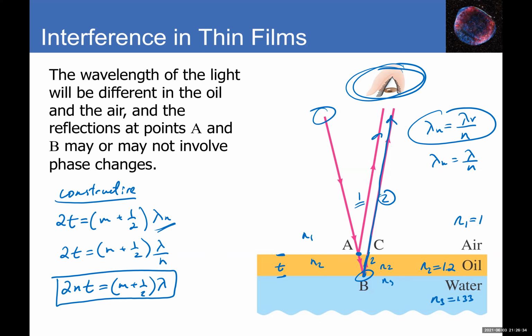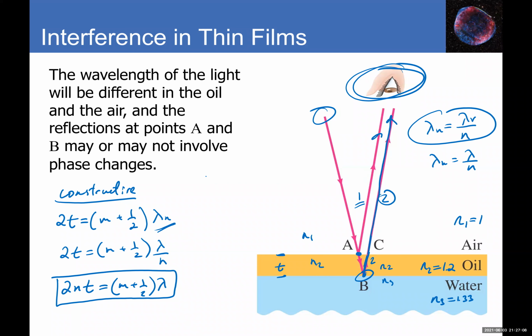I'm going to talk about it in a little bit. Because for both rays the index of refraction of the previous medium is lower than the next medium where they reflect off, they both undergo a 180-degree phase change upon reflection. That means both are in phase, because both have undergone the same exact phase change.